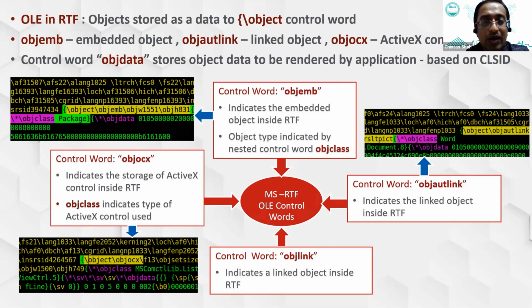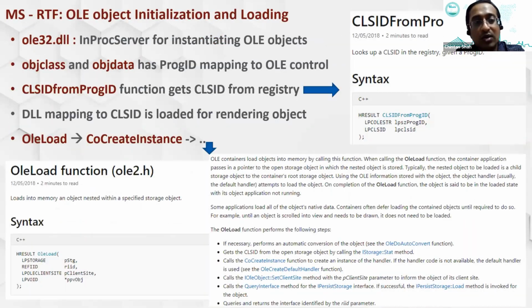Let's quickly take a look at how object initialization and loading happens when we embed any object into an RTF file. As I said, OLE32.dll is the in-proc server for instantiating OLE objects, right? It handles the COM instantiation and loading the COM DLL into memory. OBJ class and OBJ data is basically the program ID mapping to the OLE control.